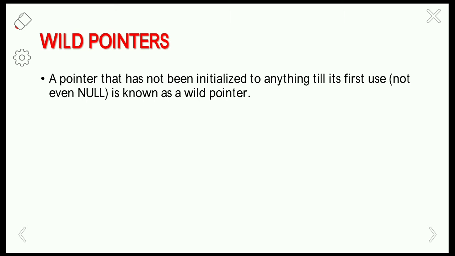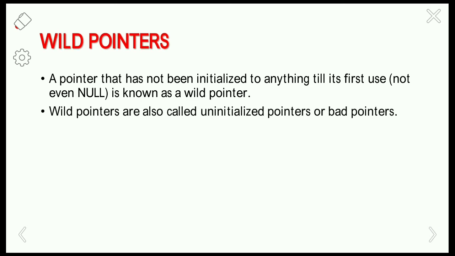A wild pointer is nothing but a pointer that has not been initialized to anything, not even null, so it will act as a wild pointer. So int star p, that is the pointer variable p, is a wild pointer because it is uninitialized, not even null.